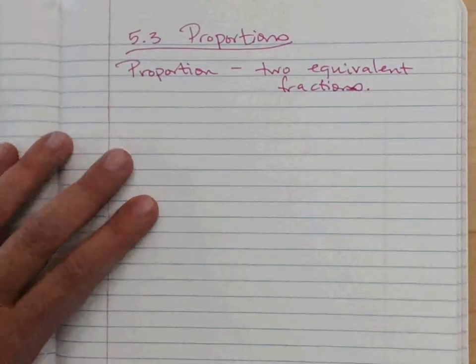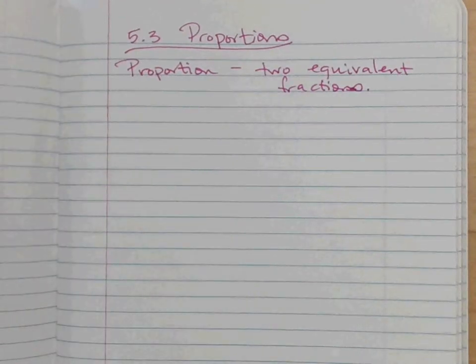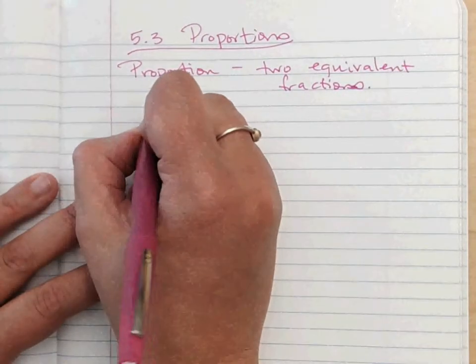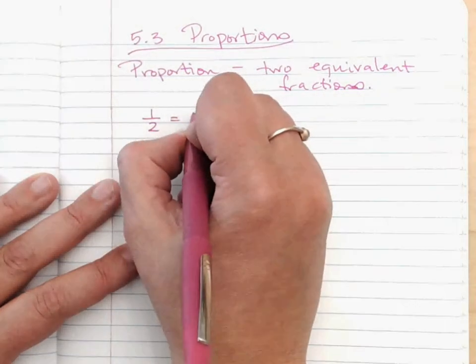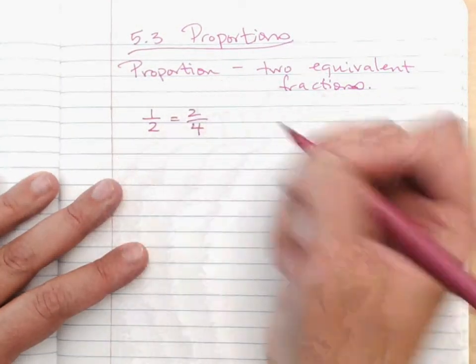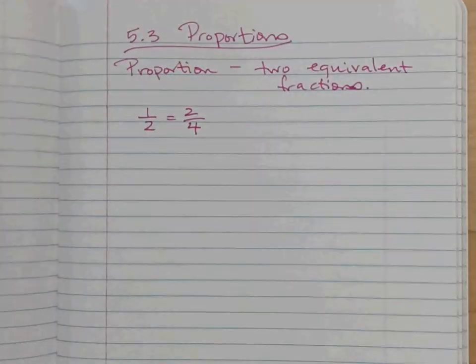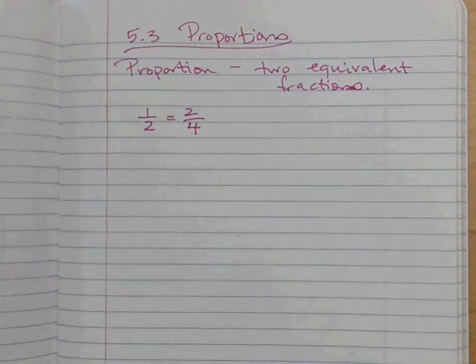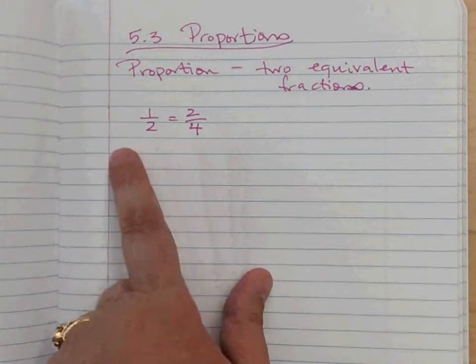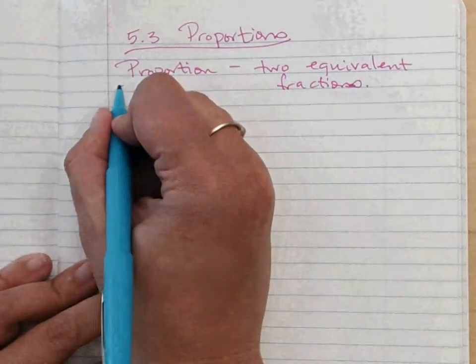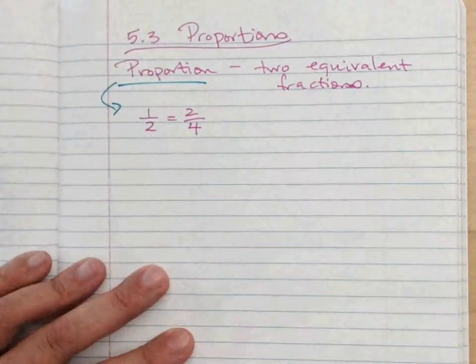So if I say 1/2 is equal to 2 over 4, that right there is a proportion. Those two fractions are equivalent. Writing that two fractions are equivalent means you have written a proportion.